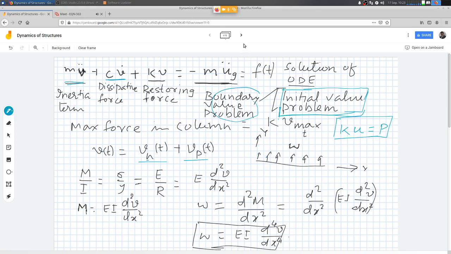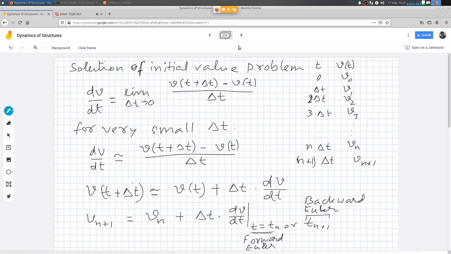So these are the essential ingredients, and now we need to solve the initial value problem. The initial value problem solution is very simple. There are several ways of deriving this equation. One is of course going back to the classical definition of the derivative being approximated by finite difference.